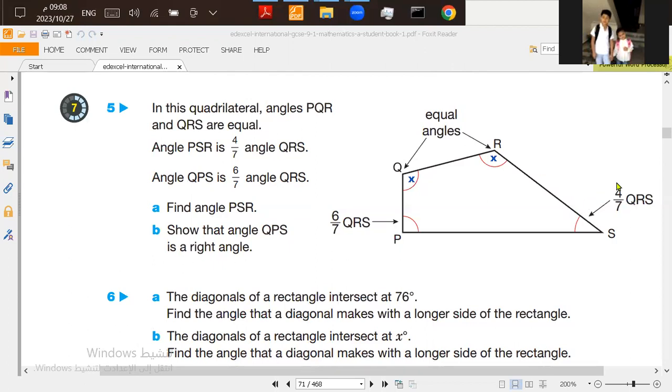Let's move on. This one is 4/7 of QRS. QRS here is X, but 4/7 of X. يعني 4/7 of X. يعني نقول له 4/7 of X. And I put the line of fraction here.